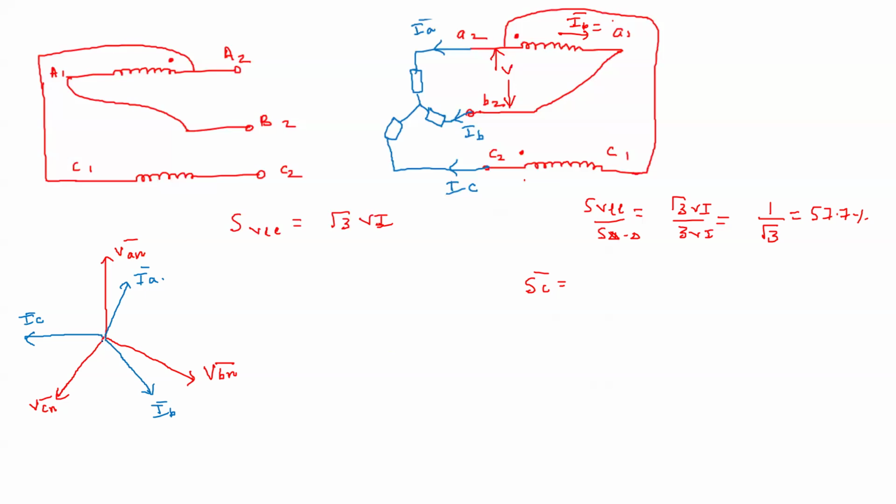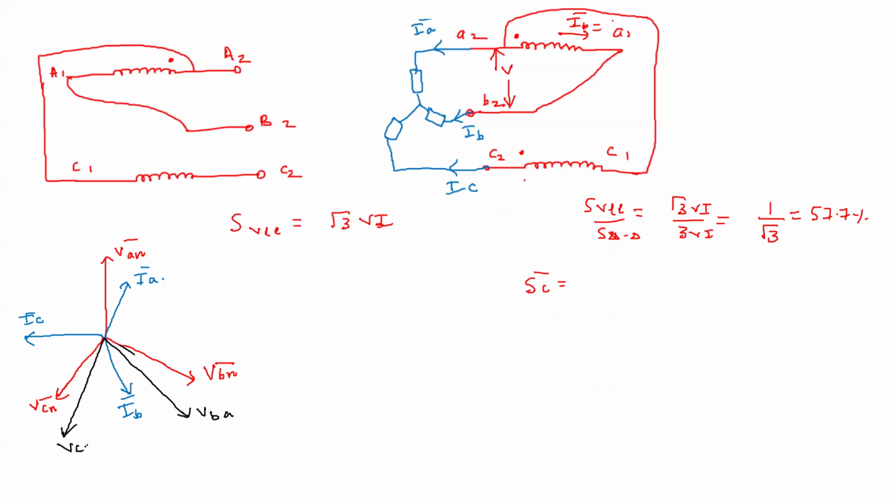If I draw this, this is IB. Now you will see that VBA will come out to be here: VB, and if you take minus VA and draw this vector diagram, it will come out to be VBA here. And if I draw the diagram here, VCA will come out to be here.